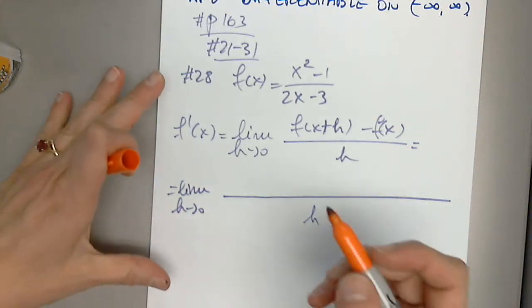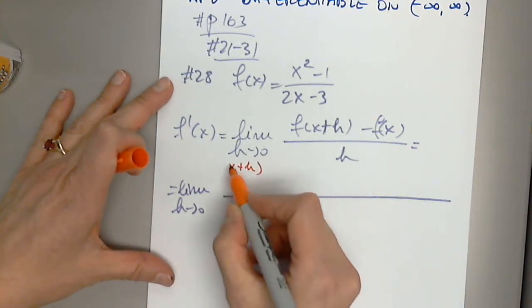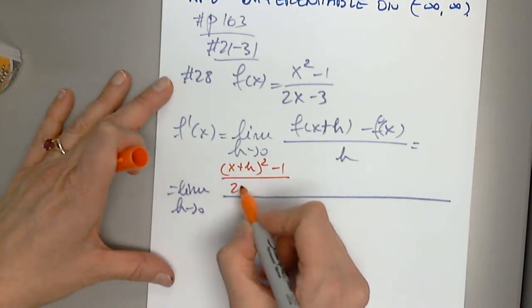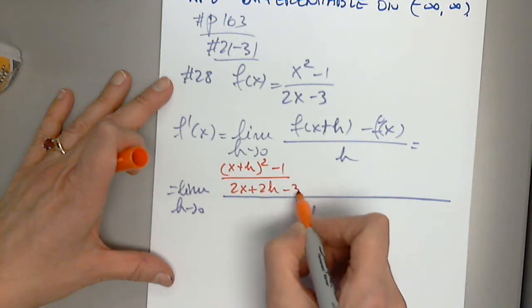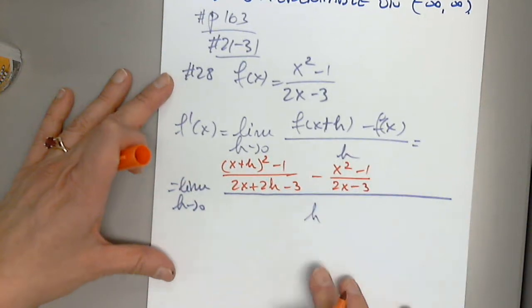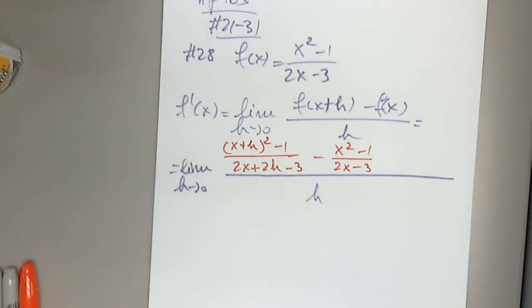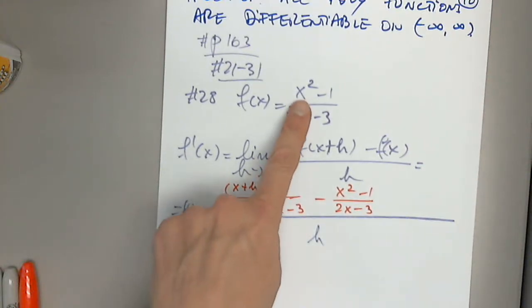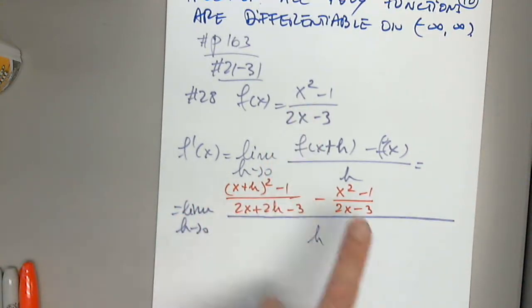Yes, it's a long thing. So we have x plus h everything squared minus 1 over 2x plus 2h minus 3 minus x squared minus 1 over 2x minus 3. So we have to replace x by x plus h, and I did it at the top, and I did it at the denominator, and then this is f of x.